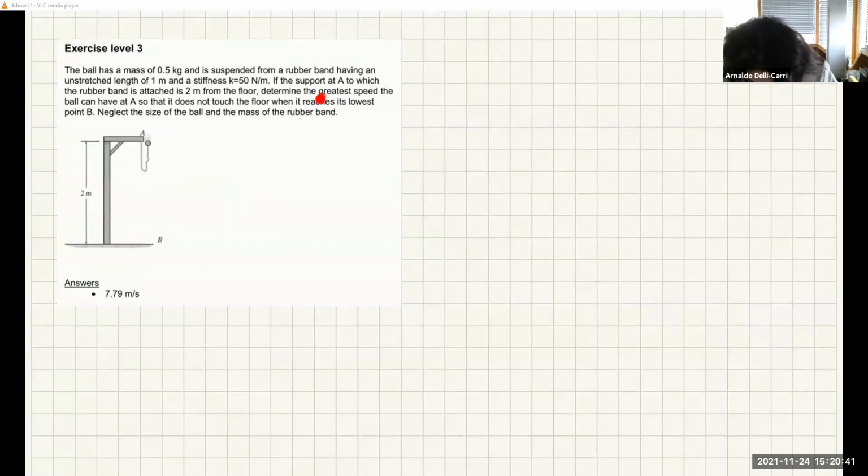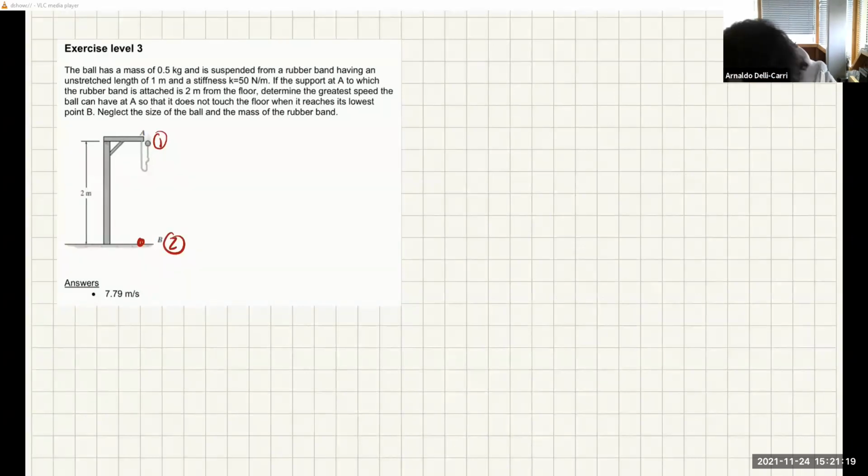If the support at A, to which the rubber band is attached, is 2 meters from the floor, determine the greatest speed the ball can have at A, so let's say the initial speed V1, so that it does not touch the floor when it reaches the lowest point P. So we want the ball to reach this point barely, just enough that it doesn't touch the ground without bouncing off it.